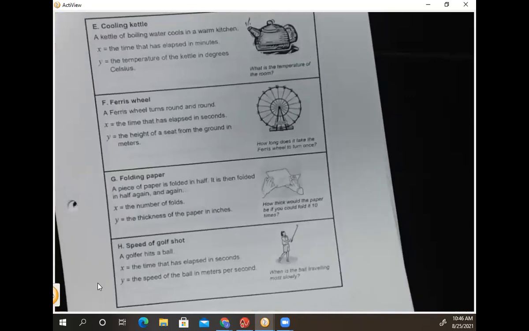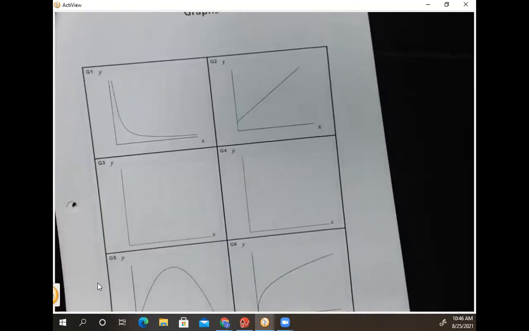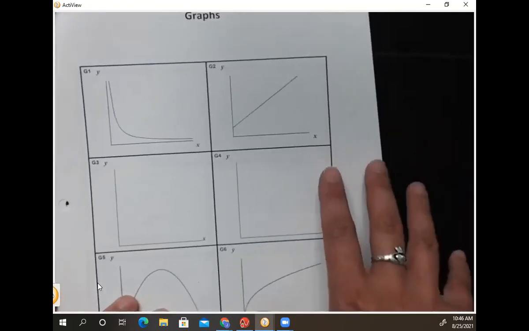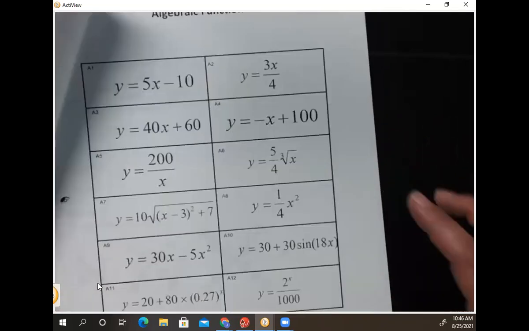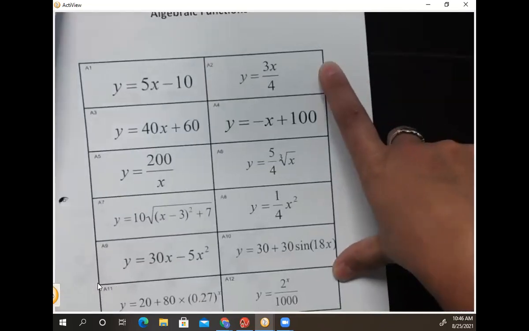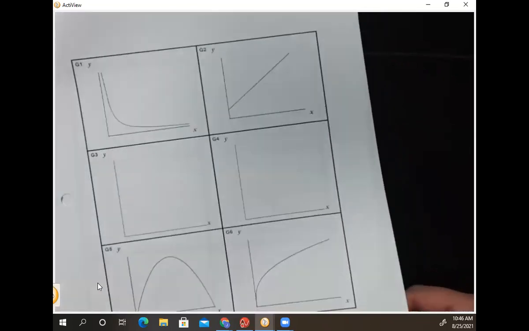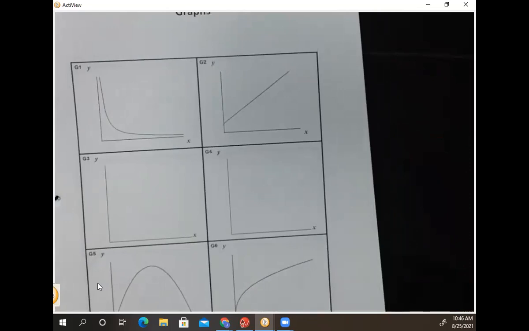Okay, does this scenario, like what we looked at yesterday and the day before, match this picture? Okay, so we'll work on this today and tomorrow. Start by matching your equations on page 29 with your graphs on pages 25 and 27. Does that make sense? Okay, you can use your calculator.